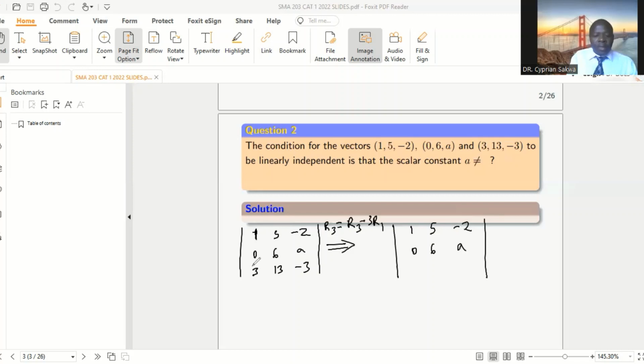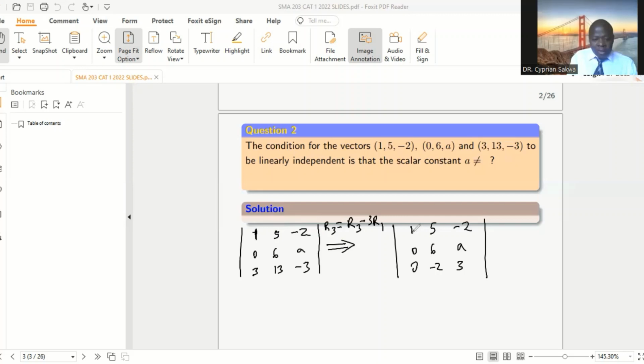I just want a 0 here, so row 1 times 3 subtracted from row 3. So 1 times 3 subtracted from that, I have a 0. And 5 times 3 would be 15; 15 from 13, I will have -2. And then -2 multiplied by 3 would be -6; -6 subtracted from this would be 3.